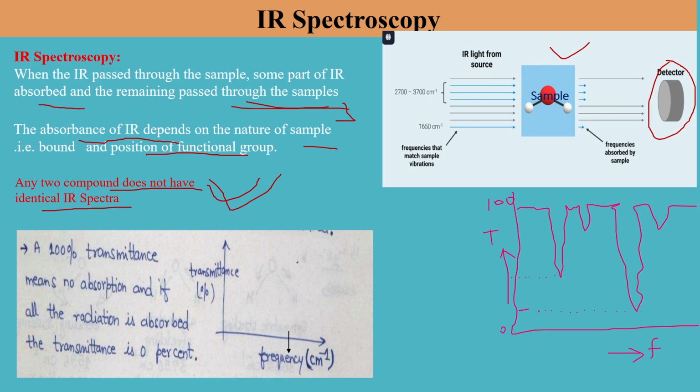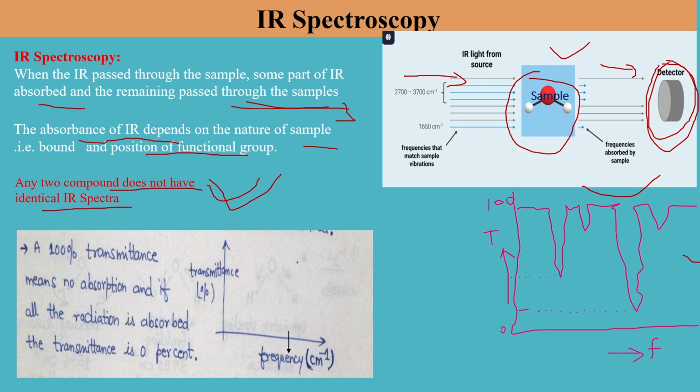If the IR passes through the sample, some part of the IR will be absorbed by the sample and the remainder transmitted, and the transmitted IR can be detected and plotted in a spectrum, which is called the IR spectrum.